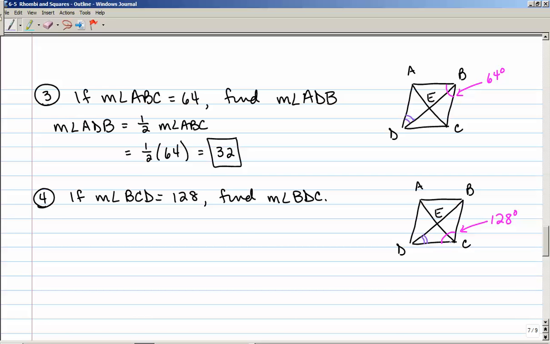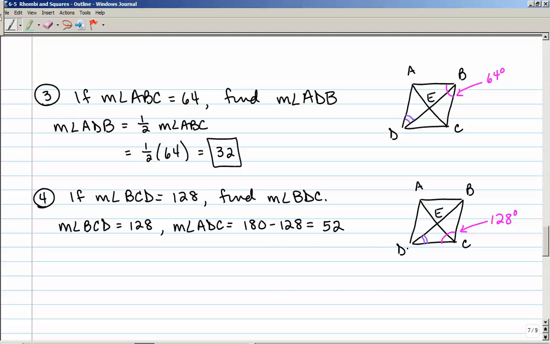Well, I know that consecutive angles are supplementary. So if the measure of angle BCD is 128, then the measure of angle ADC is going to be 180 minus 128, which is going to be 52 degrees.